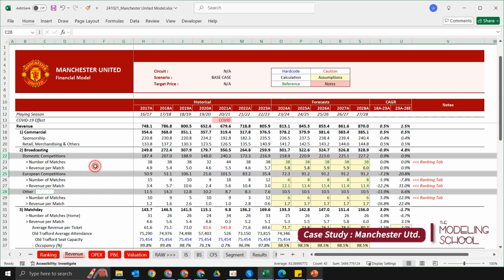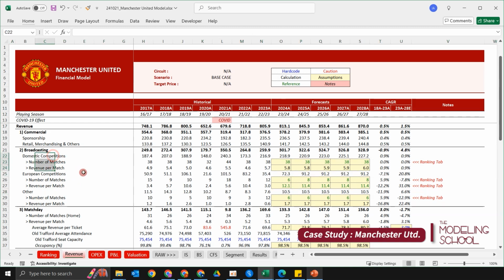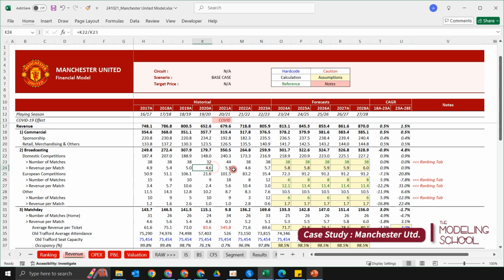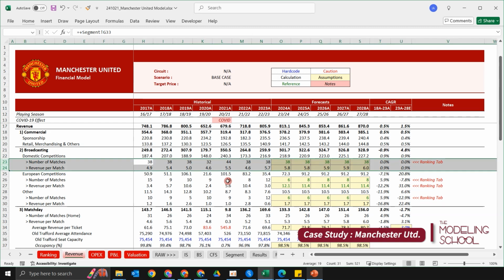So if it's a domestic competition, in this case an English Premier League game, the broadcasting revenue per match is quite stable, and plus the number of games is fixed to 38 games each season, with the exception of 2021 when we had COVID. But all the other seasons we have 38 games. So it's relatively very stable on domestic revenue.